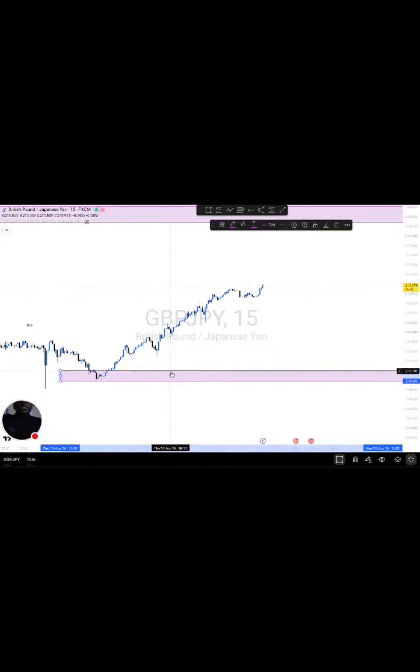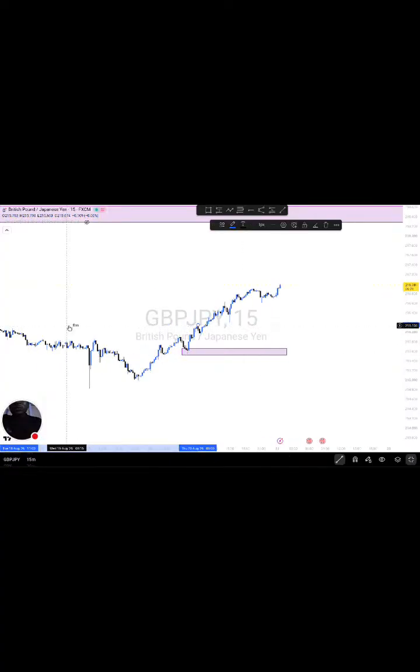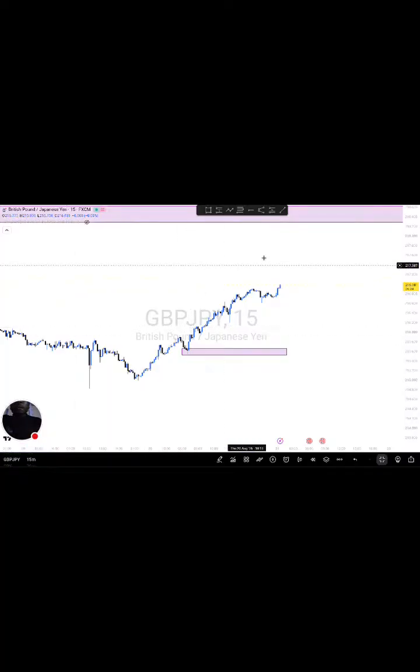So now we can still see our valid order block here in the 15-minute time frame. This is a valid zone. Like I said earlier, to spot a valid order block, it must do a change of character or a break of structure. We can see that this is a break of structure. Let me adjust it.